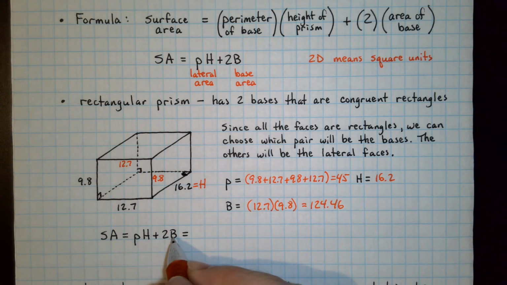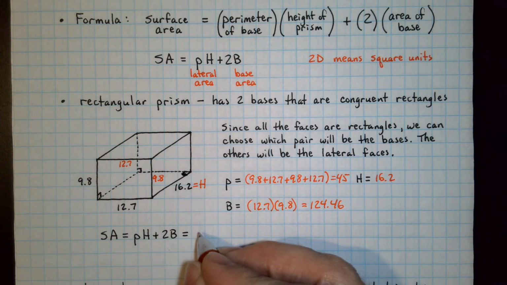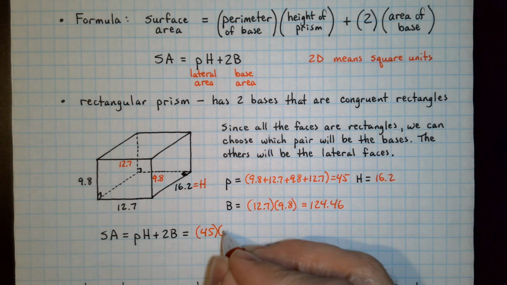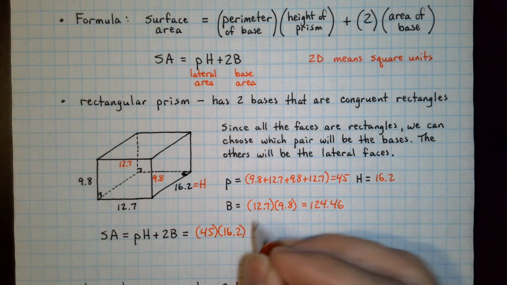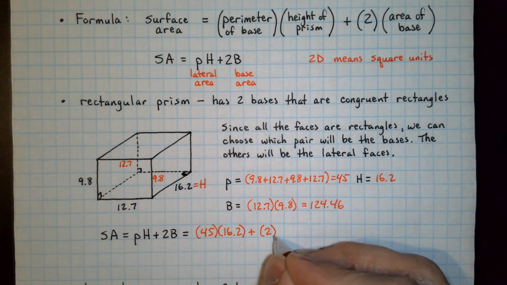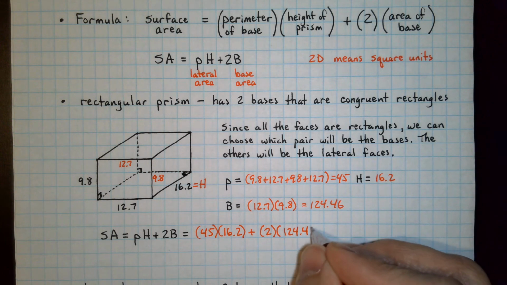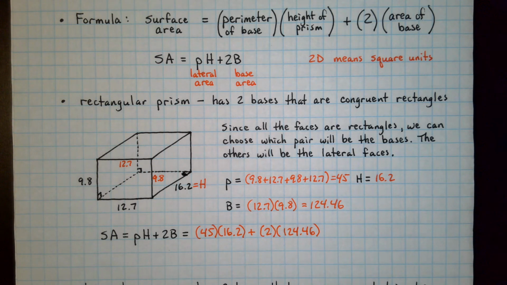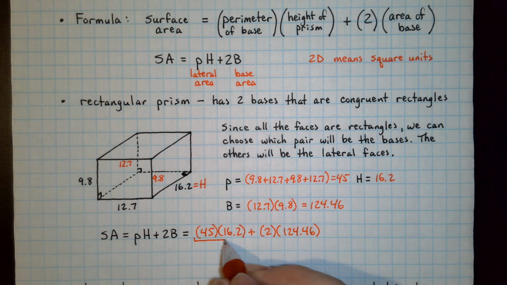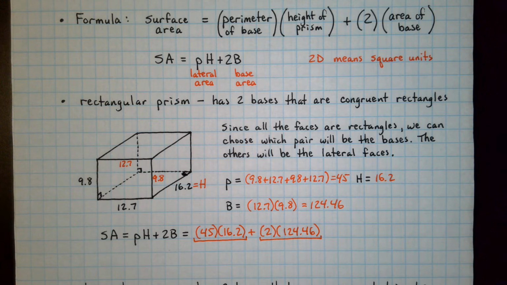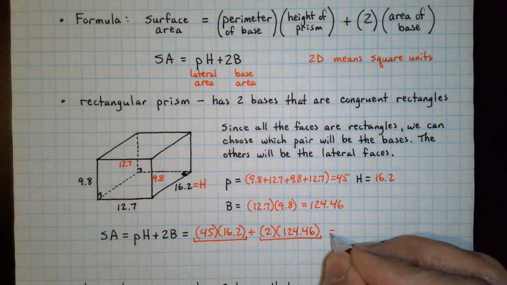I come back here now to my formula and I start substituting values in. Perimeter 45, height 16.2, plus 2 times area of the base, which is 124.46. And order of operations dictates that we do this part and this part separately and then add the totals. So 45 times 16.2 is 729.